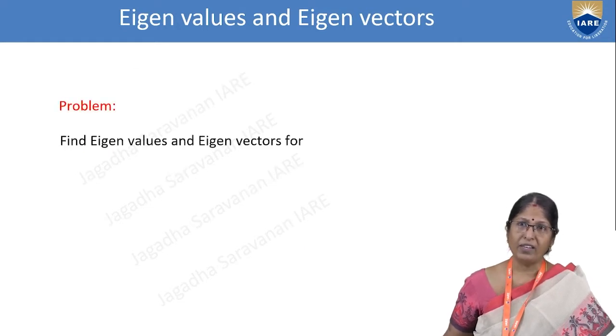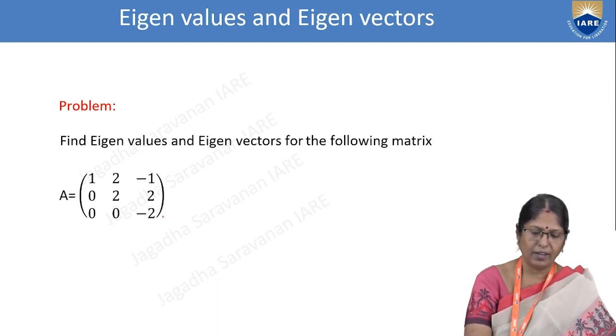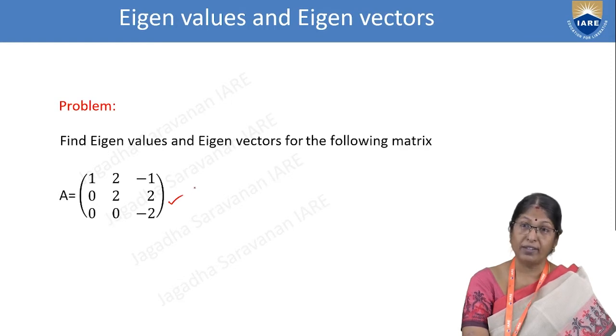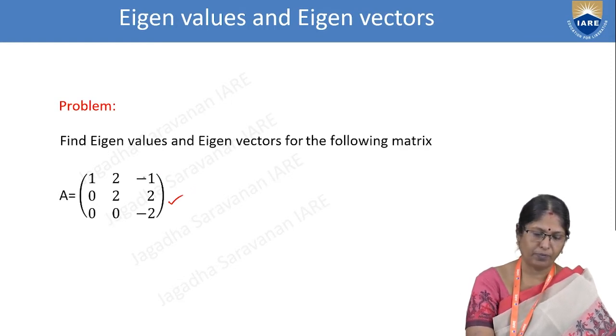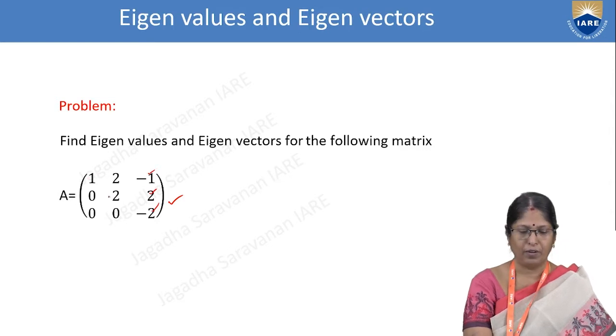Now, one more problem we are going to concentrate on. Find eigenvalues and eigenvectors for the following matrix, capital A, which is a 3 by 3 matrix. The order is 3 by 3 because 3 rows and 3 columns are there.